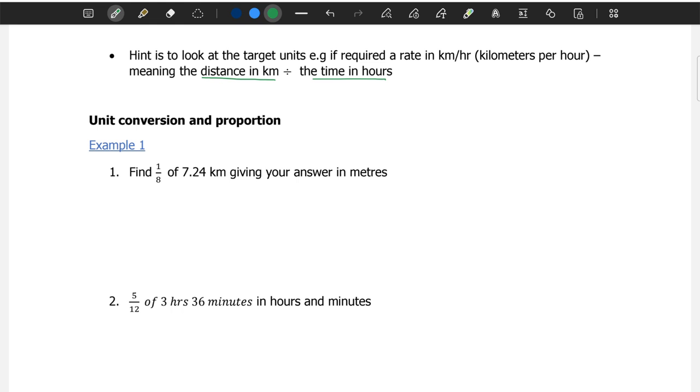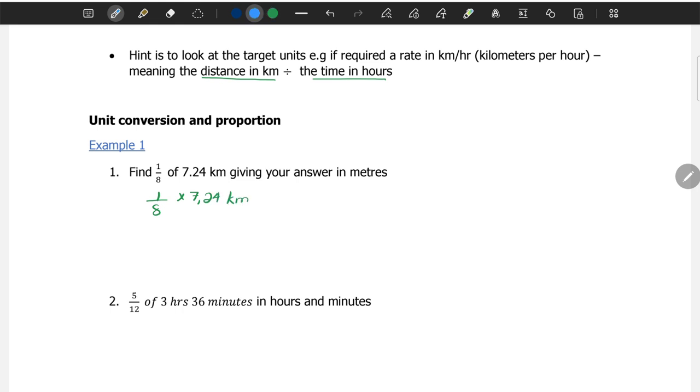So, for example, it says find 1/8 of 7.24 kilometers, giving your answer in meters, right? So firstly, we have 1/8 of 7.24 kilometers.